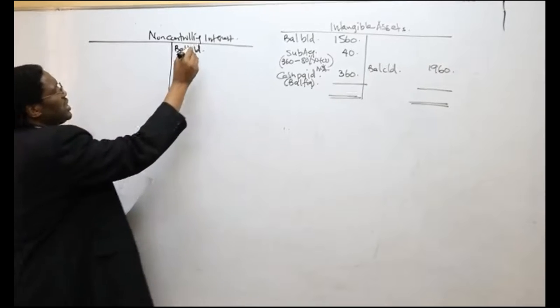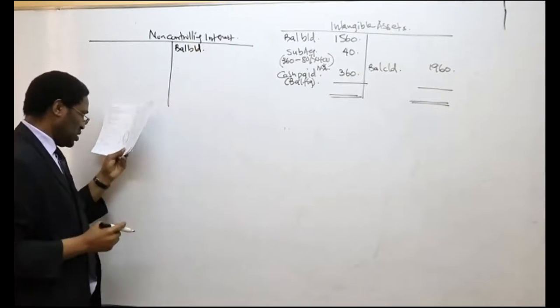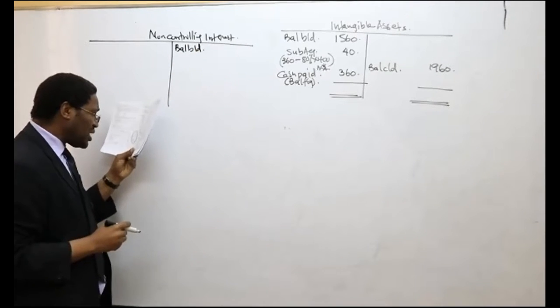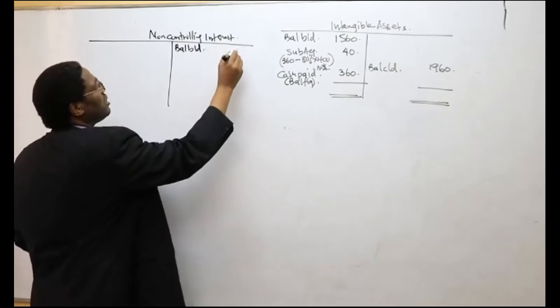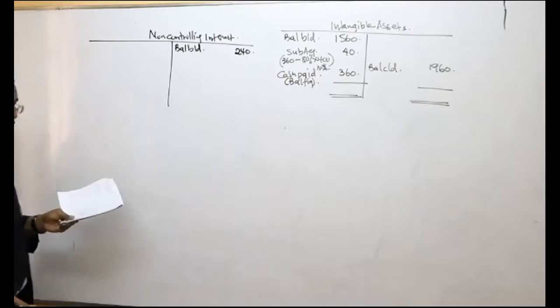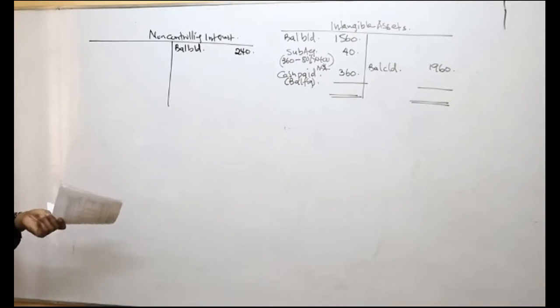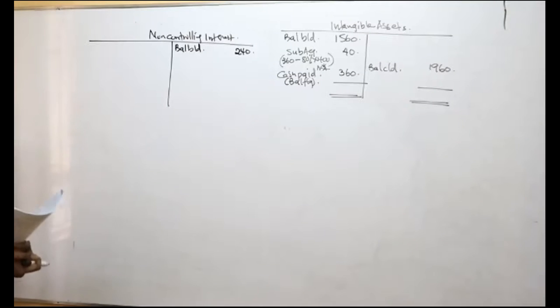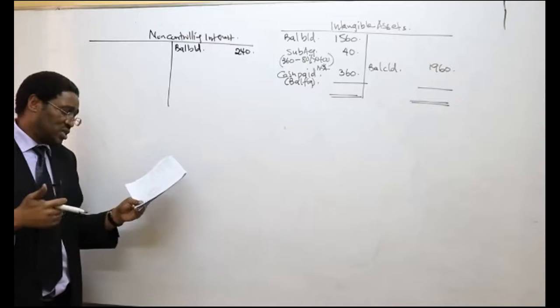So let's bring down the liability at the end of last year. From last year's balance sheet, we owe the non-controlling shareholders an amount of 240. Then we go through the question, finding out if there is anything affecting them. The answer is yes.